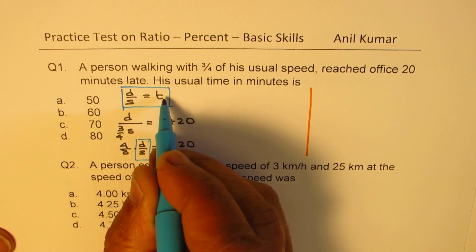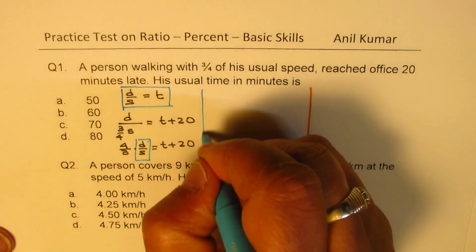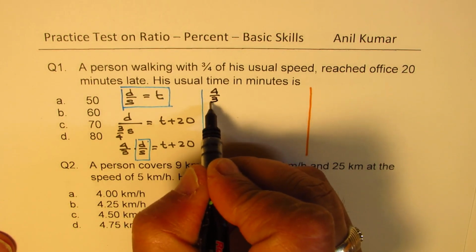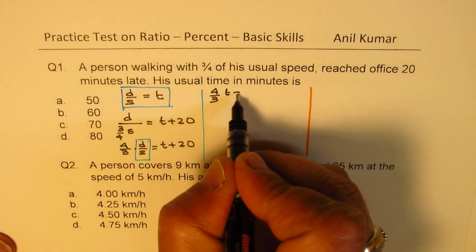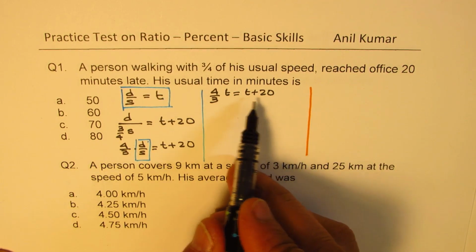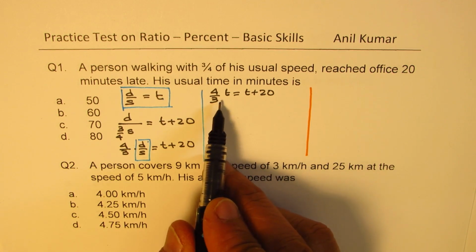So this can be replaced with t. With that replacement, what we get here is 4/3 times t equals t plus 20.